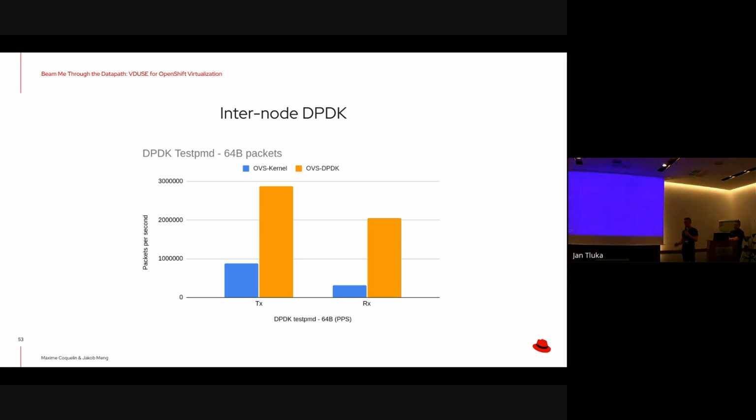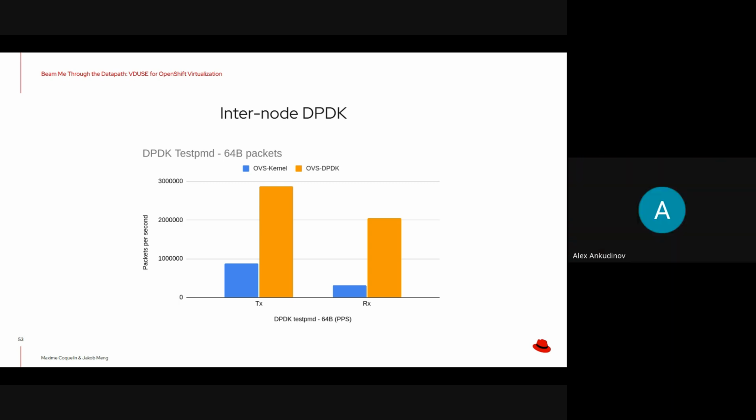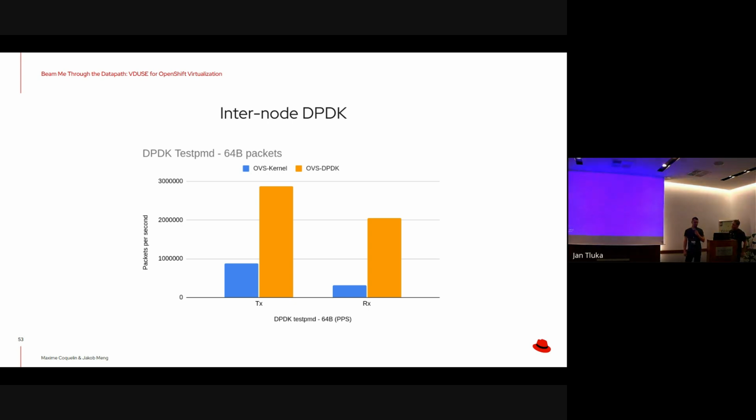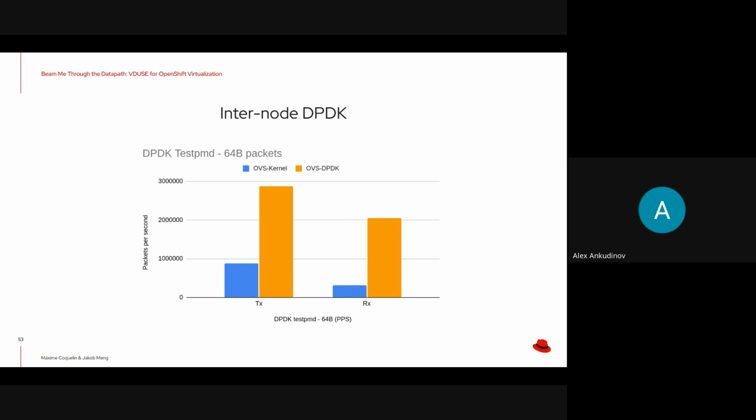We did everything that we could do to maximize performance, but we kept that for both benchmarks, the kernel benchmark and the DPDK benchmark, otherwise it would be a bit unfair. Thanks.